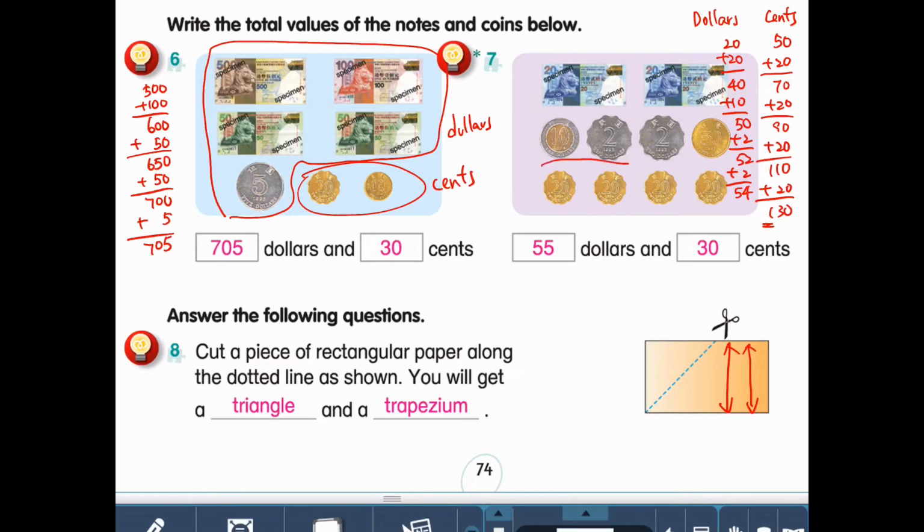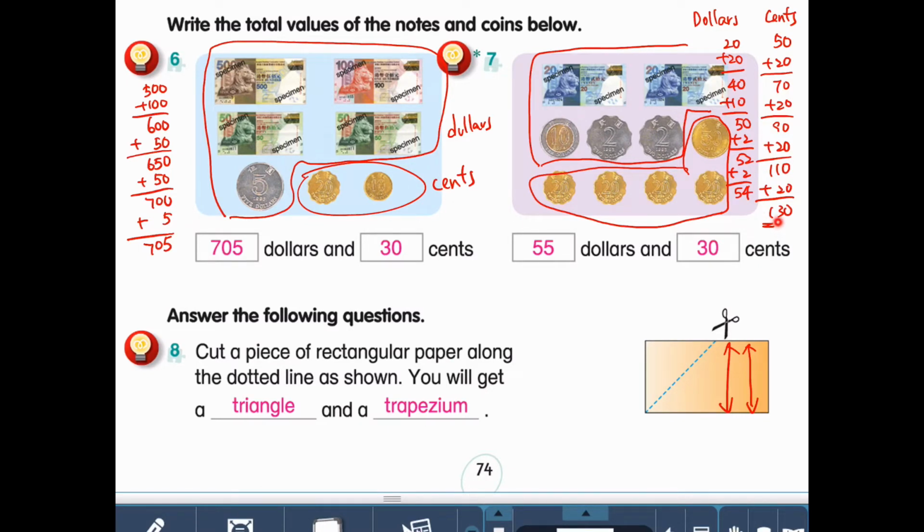we have to once again separate the dollars parts and then separate the cents. So I have done the addition for the dollars part, and I got $54. And for the cents, when I add them all up, it turns out to be 130 cents.